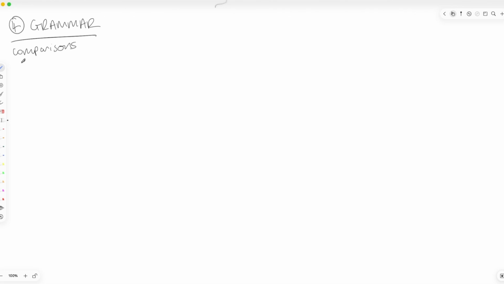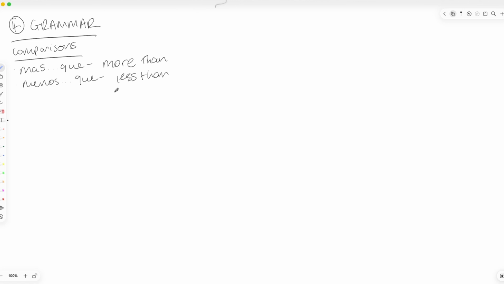So comparisons, we can see más que, which is more than, or menos que, less than. Pretty self-explanatory.